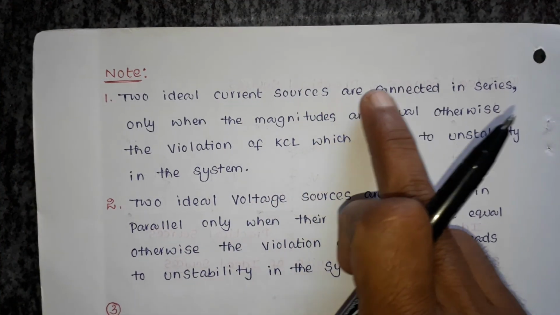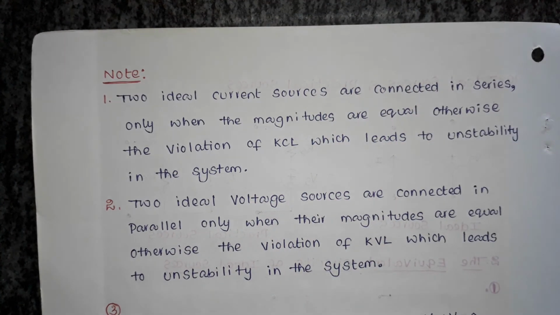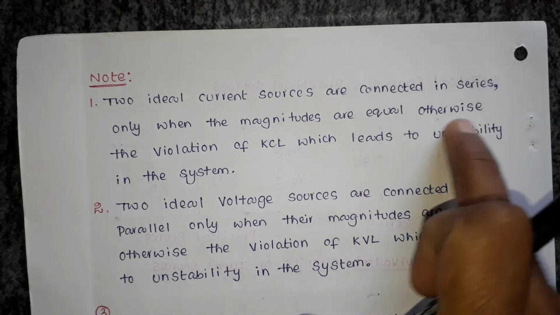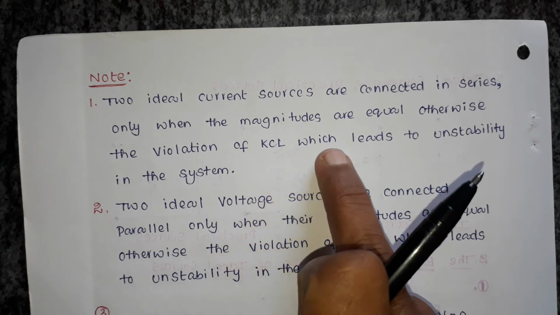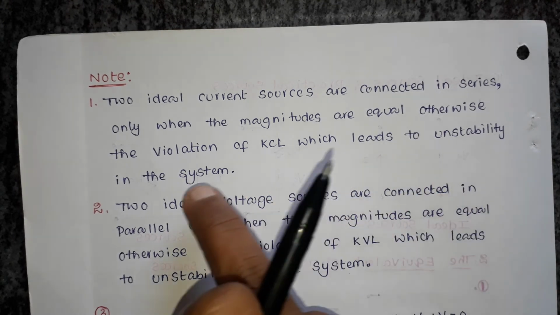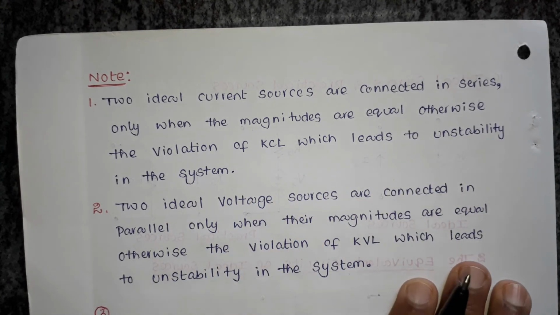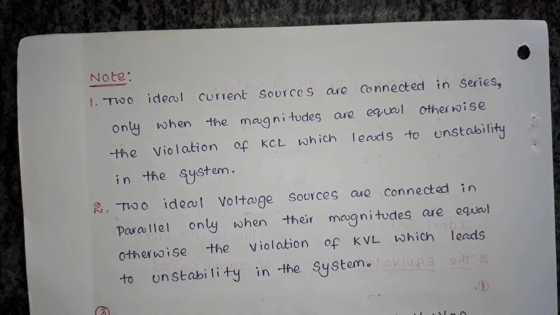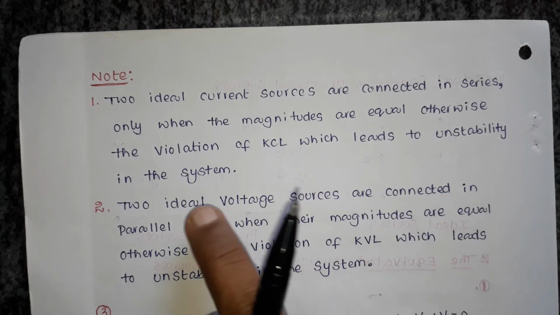Two ideal current sources can be connected in series only when their magnitudes are equal. Otherwise, there is a violation of KCL, which leads to instability in the system.